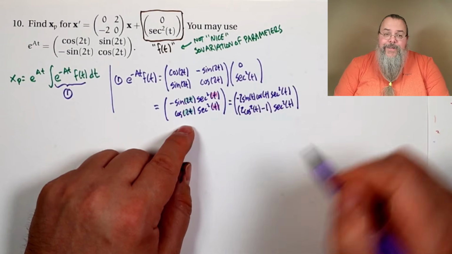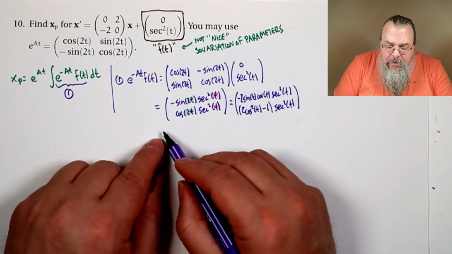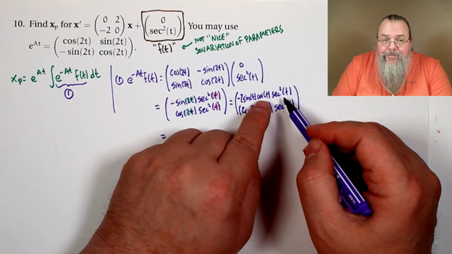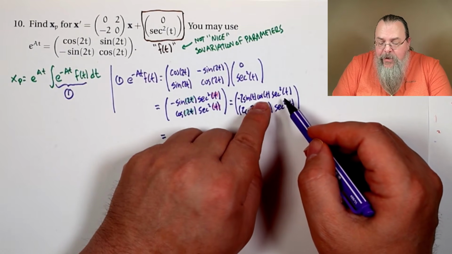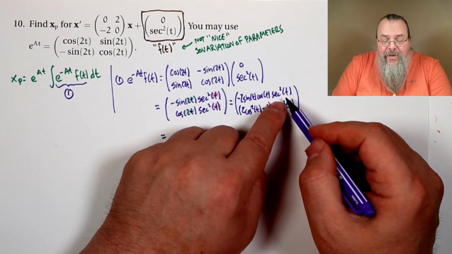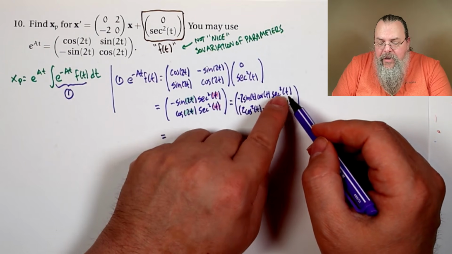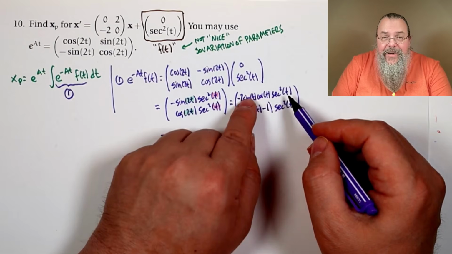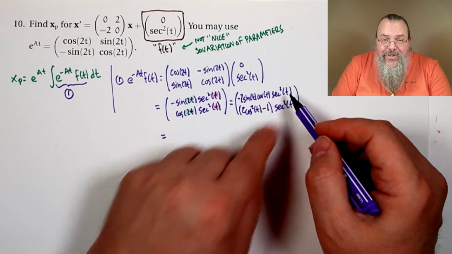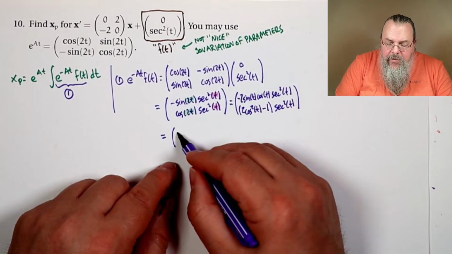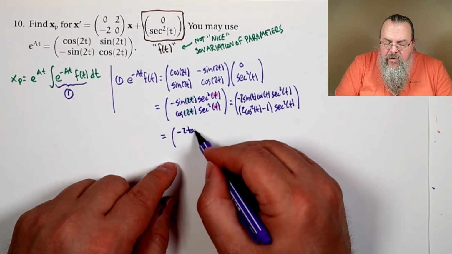Now, if we clean this up just a little bit more, secant is 1 over cosine. So a cosine times a secant cancels. And so what do you have? Well, you have a sine and 1 secant left. And a sine times a secant is a tangent, meaning the first entry becomes minus 2 tangent t.